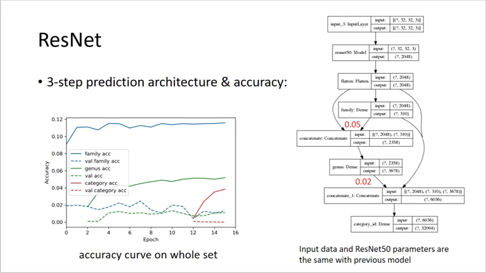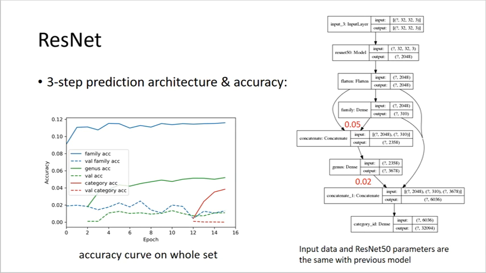So we trained a second model on the whole dataset. We used the same three-step approach as the one we used in the naive CNN model. We set the triggering condition for the next classification training at when the current prediction accuracy reaches 5% and 2% respectively.